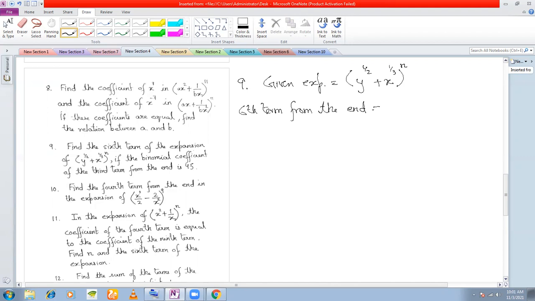Sixth term from the end is the same as n plus 1 minus 6 minus 1th term from the beginning, obviously, right? So which is equal to n plus 2 minus 6, which is n minus 4, n minus 4th term, right?